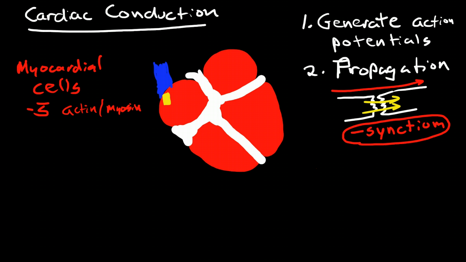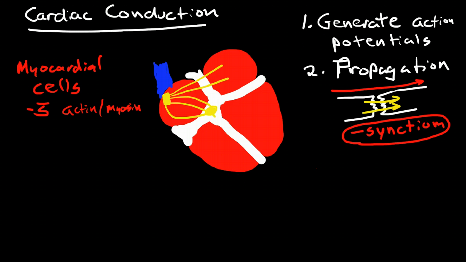And then another section where there are myocardial cells that lack actin and myosin is the AV node. And then there are sort of tracks called internodal pathways that travel to the AV node and also travel across from one atrium to the next, the intra-atrial pathways.